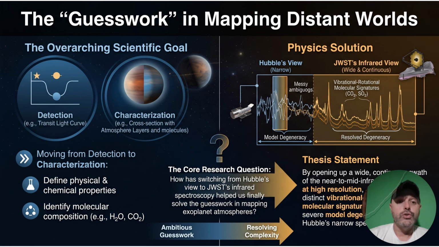And we are going to true characterization, where we can map the physical and chemical properties of the atmospheres of these exoplanets, which are millions and millions of miles away. Initially, this was hampered by guesswork due to instrument limitations, but we are now finally resolving these.